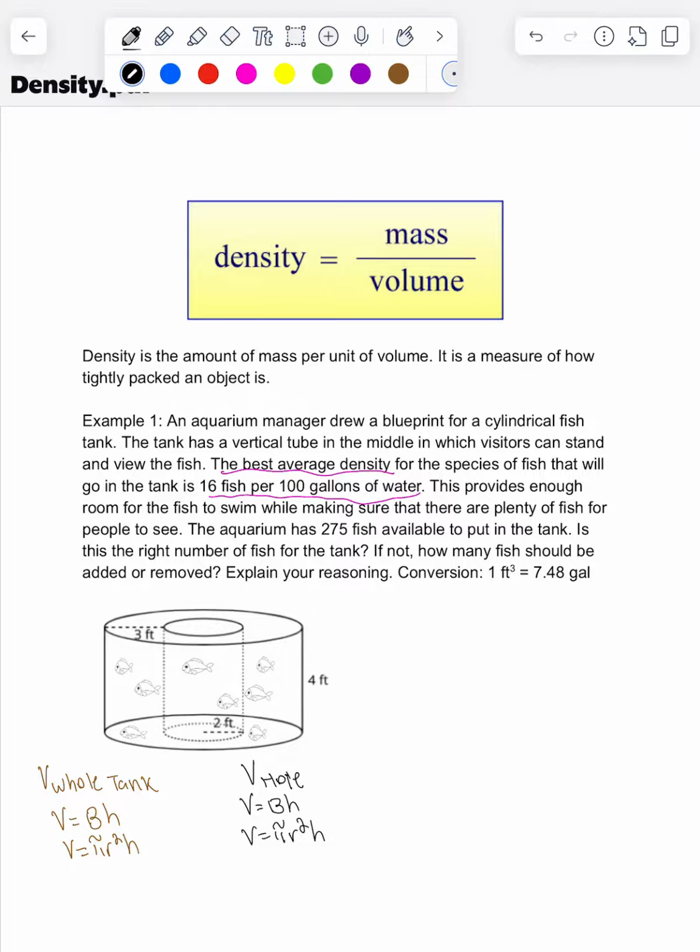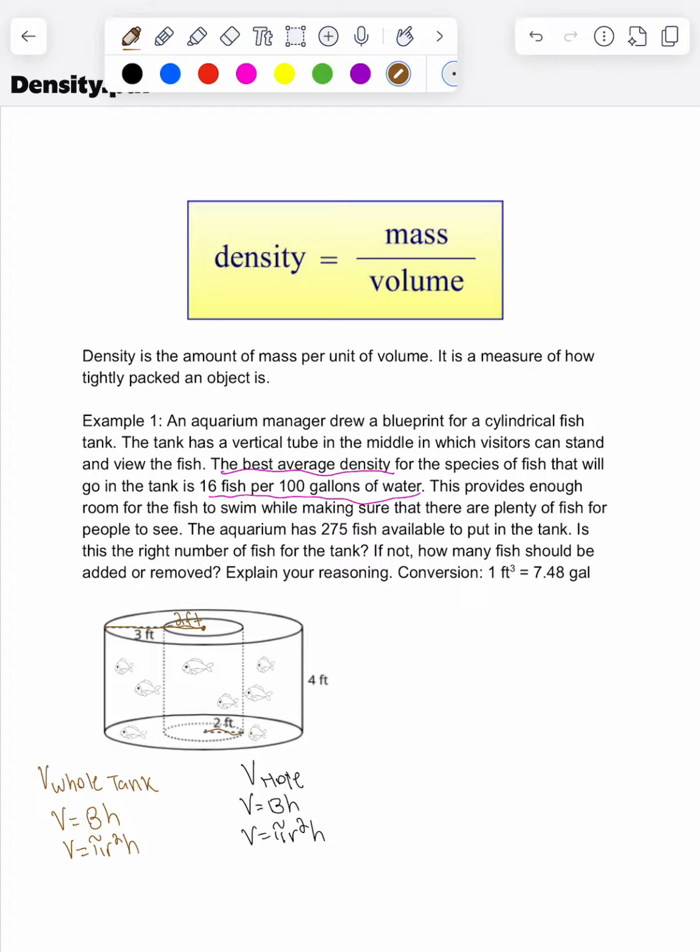Now we have to figure out what the radius is that we're plugging in. The whole tank is from the outer to the inner, that's halfway across the entire tank. So it's the 3 feet plus this is 2 feet, so this is also 2 feet, because the radius on the bottom base has to be the same as the radius on the top base, because it's the same cylinder that we're looking at.